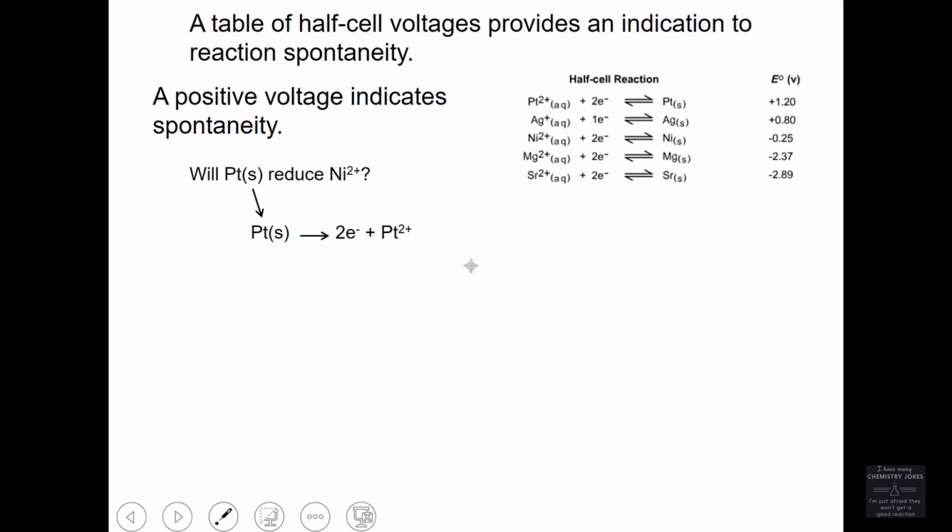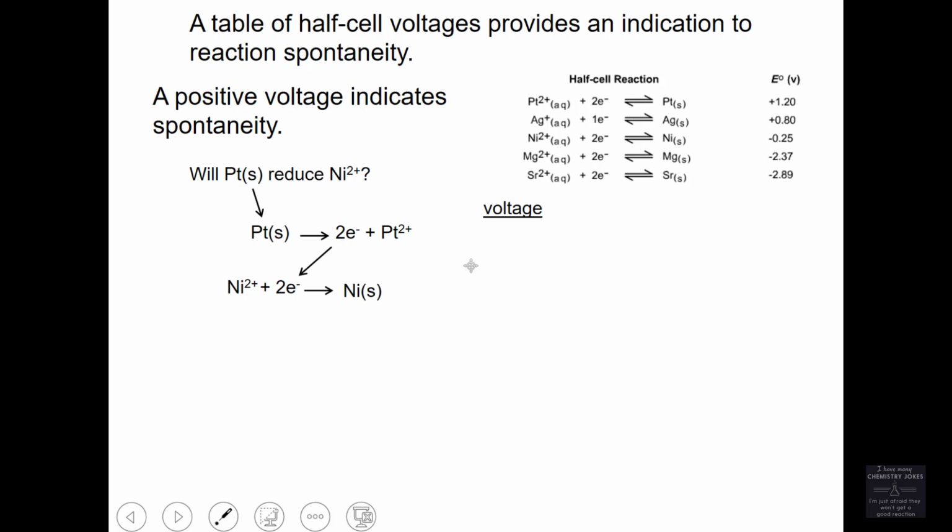What happens to those 2 electrons? They go onto the nickel. Nickel 2 plus will gain those same 2 electrons that platinum lost in order to become nickel solid. But the question is, does this reaction happen spontaneously? Do electrons prefer to be on platinum or do they prefer to be on nickel?